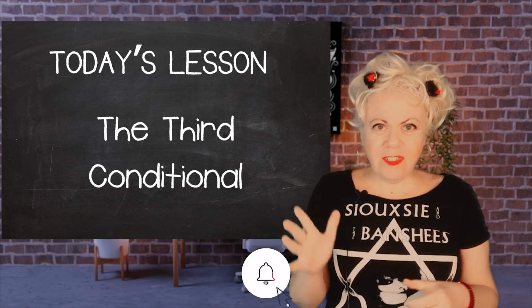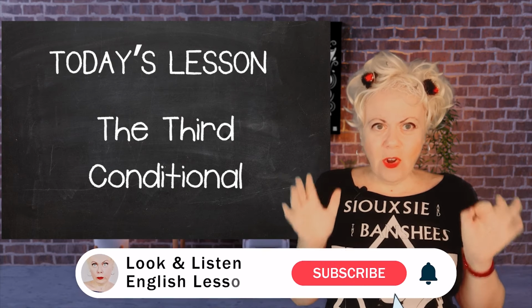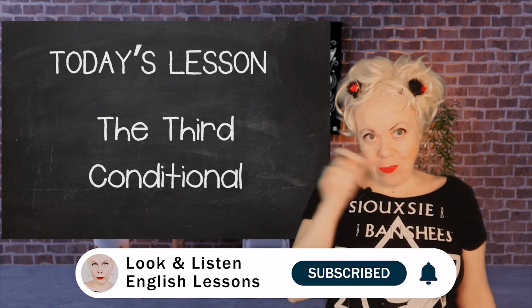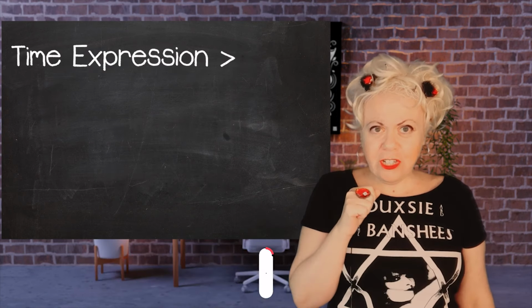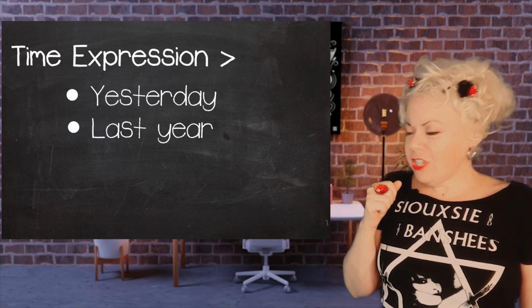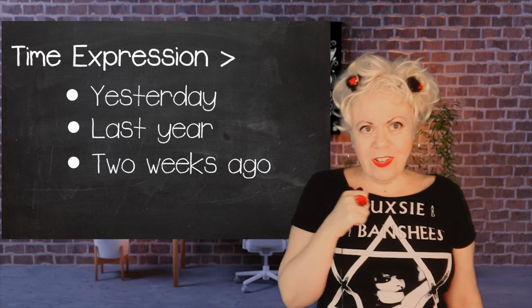So it is a lost case and it is currently not possible to change the situation. So remember that. The time expressions we use are yesterday, last year, or 2 weeks ago.